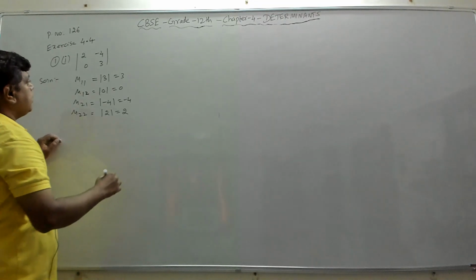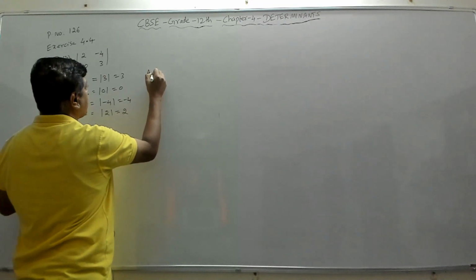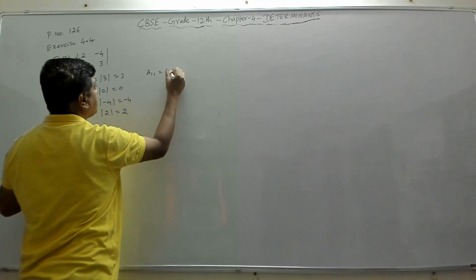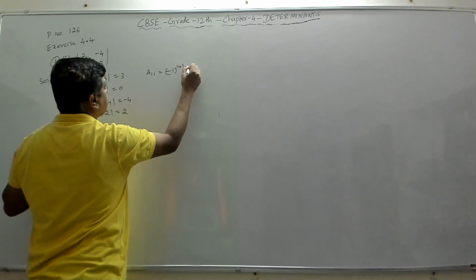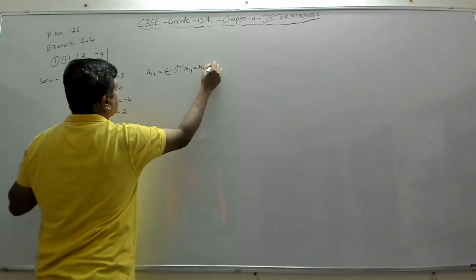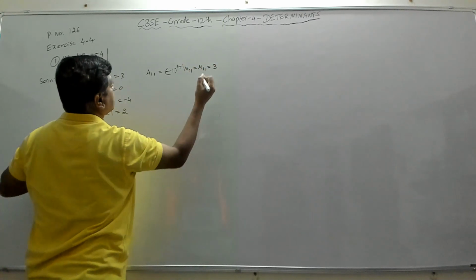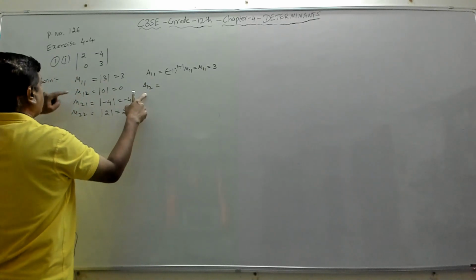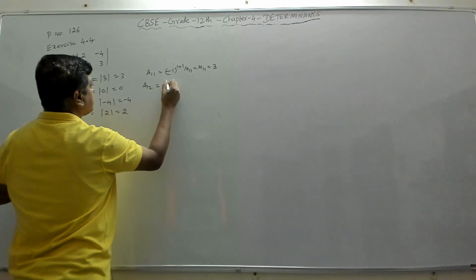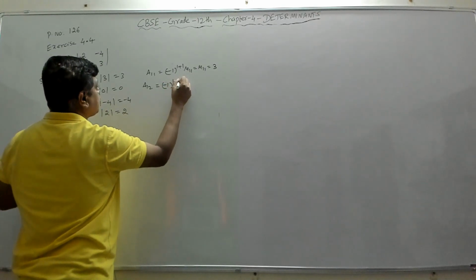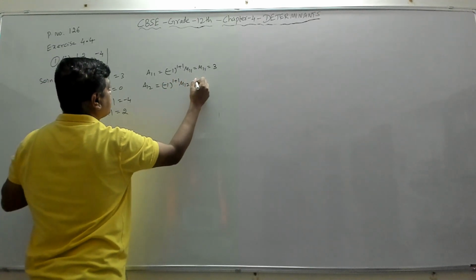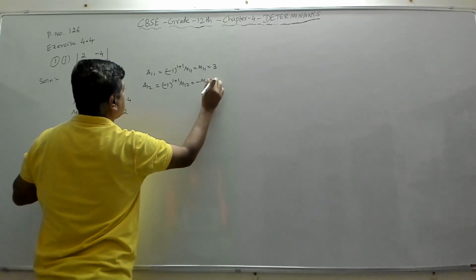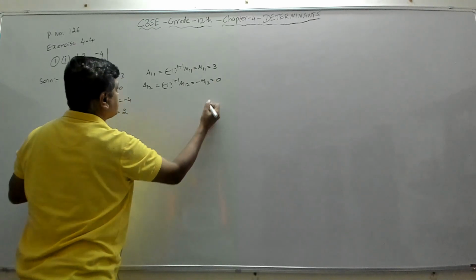Similarly, we can find the cofactors. A11, the cofactor of 2, is capital A11, defined as minus 1 power 1 plus 1 times M11, that is equal to M11, which is equal to 3. Similarly, A12 is the cofactor of the element minus 4, defined as minus 1 power 1 plus 2 times M12, that is equal to minus M12, which is minus of 0, so it will become 0.